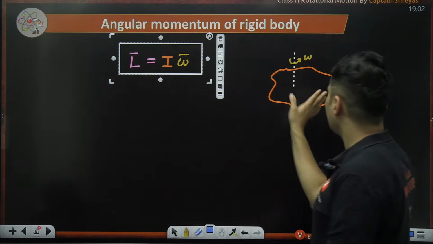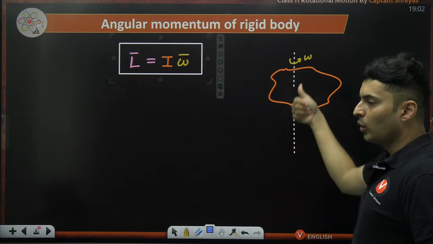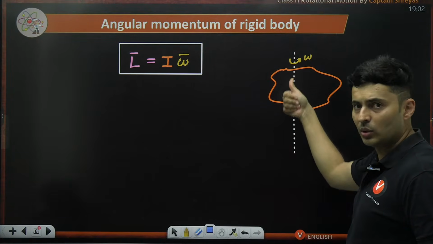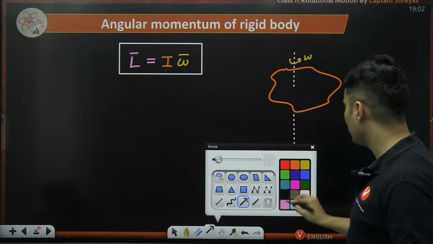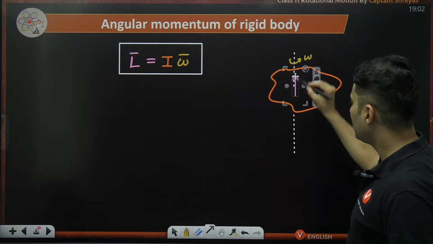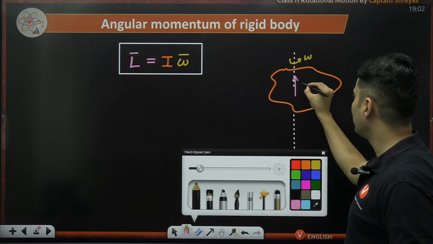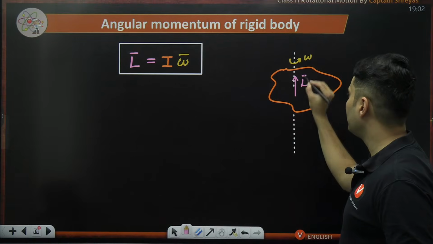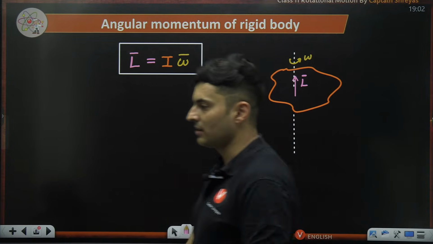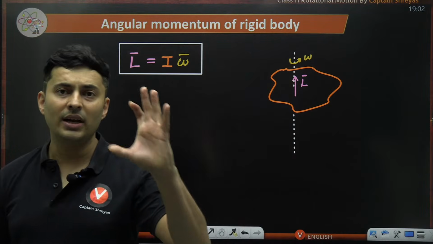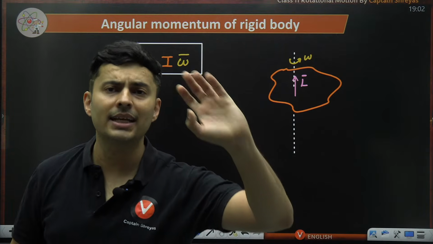Now, if you notice, it is rotating in this way. So if you curl the fingers of your right hand, the thumb will go up like that. So in this situation, the angular momentum is directed upwards. That is how you find the angular momentum of big rotating bodies.